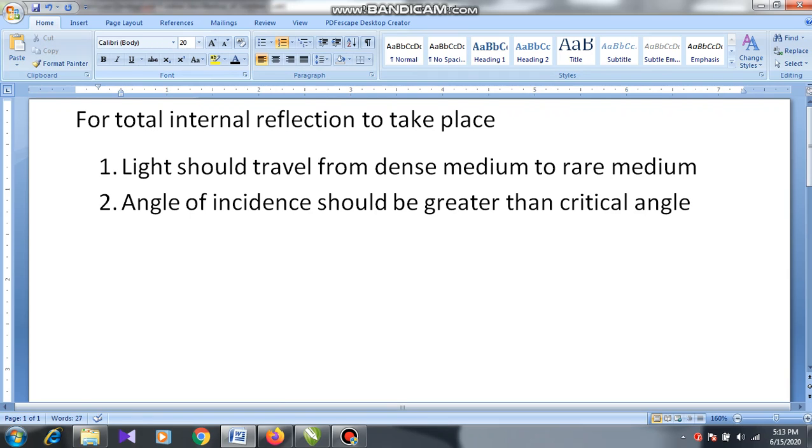Okay, so total internal reflection is a very important concept and a very common question portion in the exam papers. Hope all of you understood it.